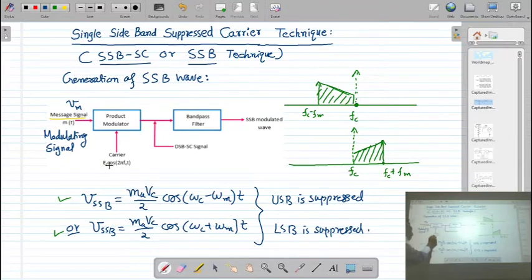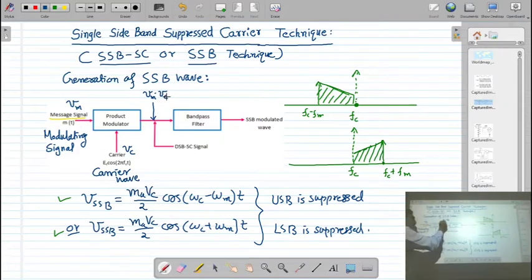Then another input to this product modulator is a carrier wave. So it is Vc. Correct? And here we have a product modulator. For the DSB-SC I already mentioned that in the output you will get Vm into Vc. The product of both the waves will be there.